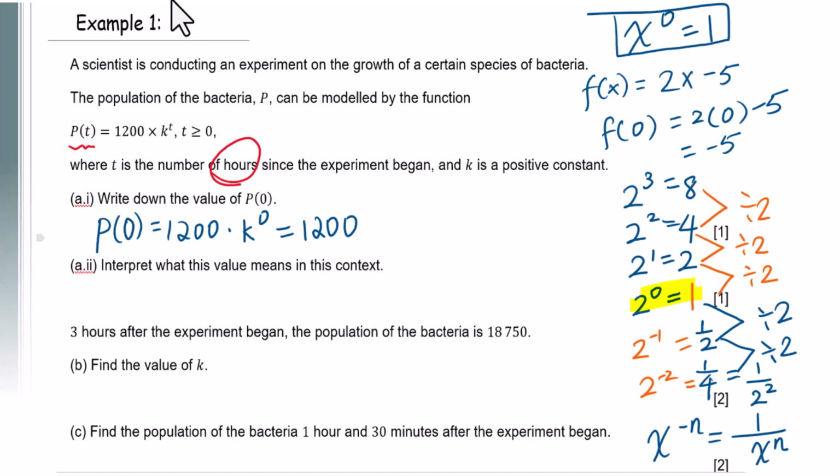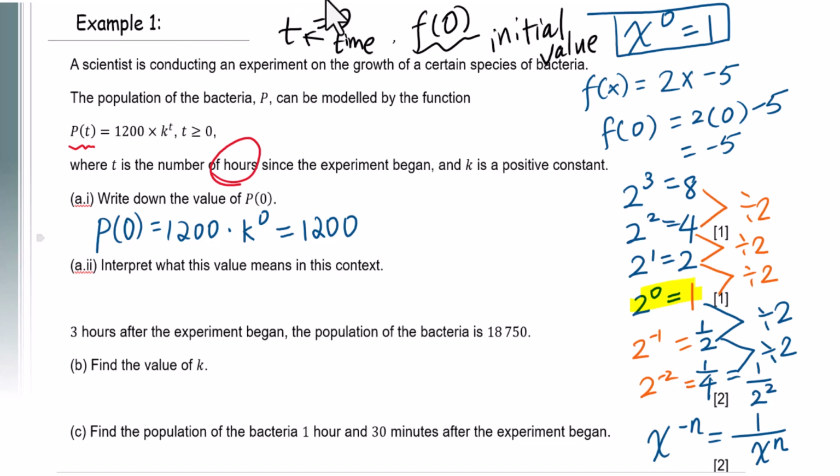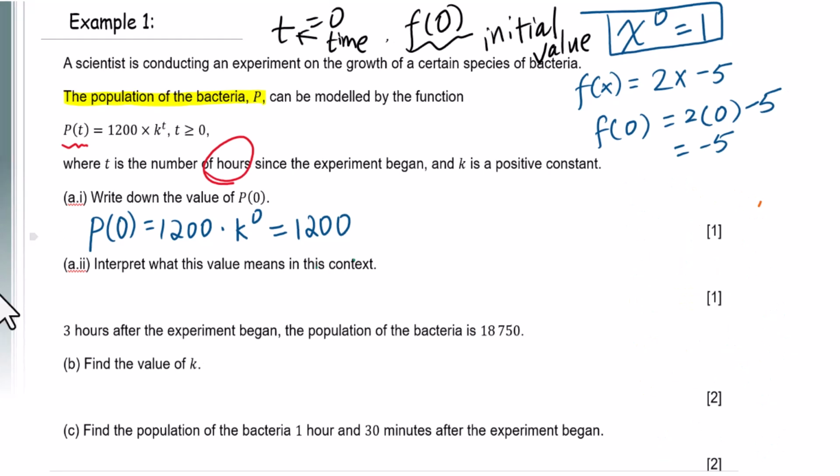Interpret what this value means in this context. In the real world, when t means time, then t equals 0 means the initial value. In this case, P means the population of bacteria. So the initial population of bacteria is 1200.